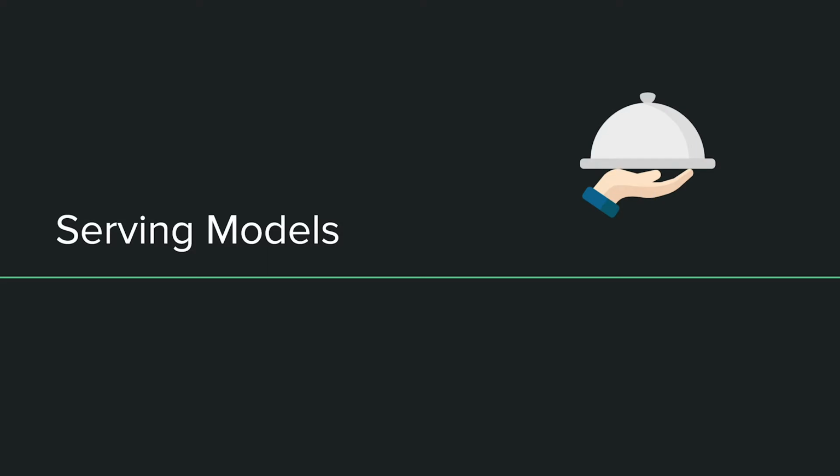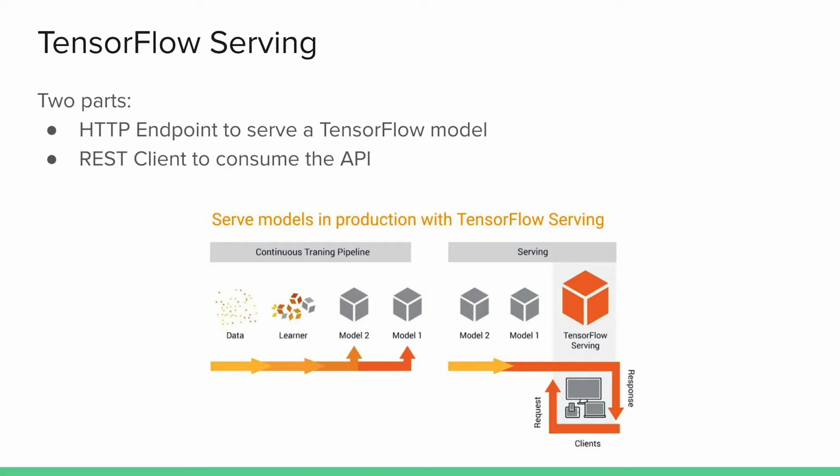Serving models in a more practical aspect, you can use TensorFlow Serving, which is one tool you can use to easily take any trained TensorFlow model and expose that model as an HTTP endpoint with a REST API.